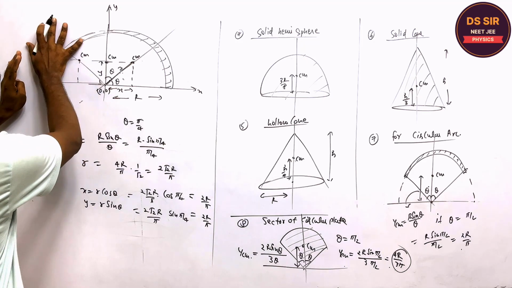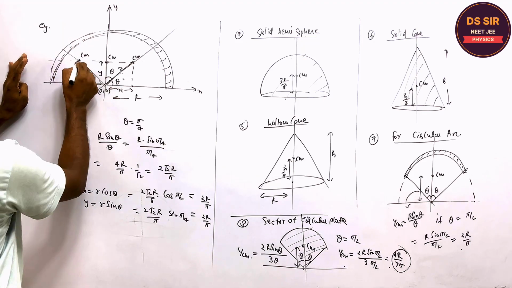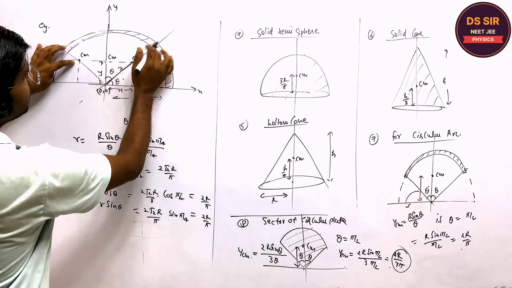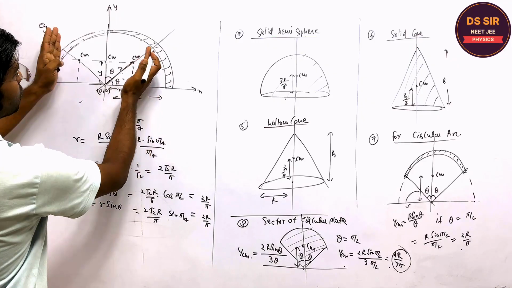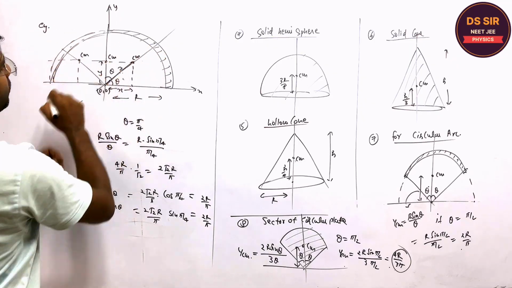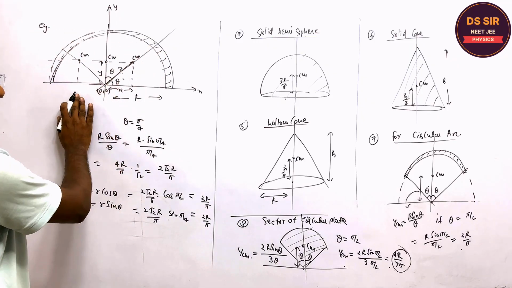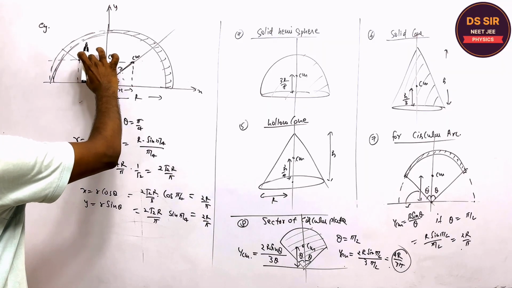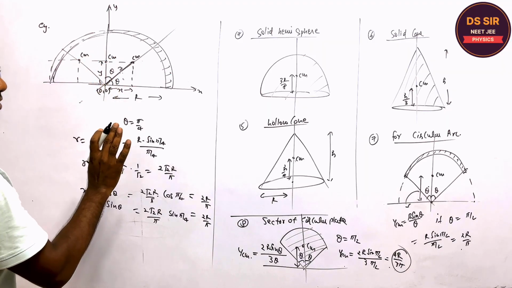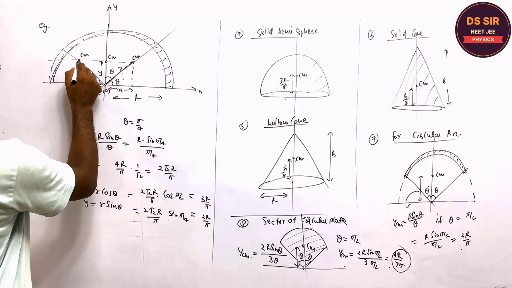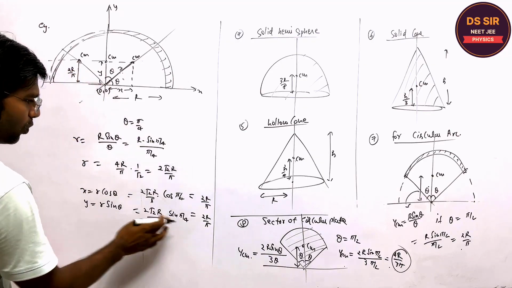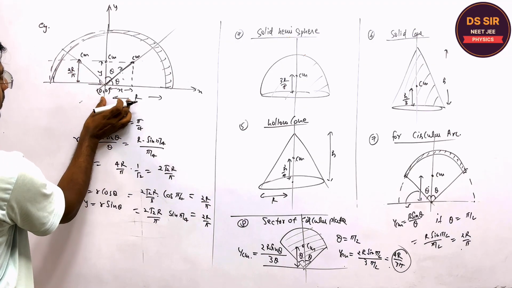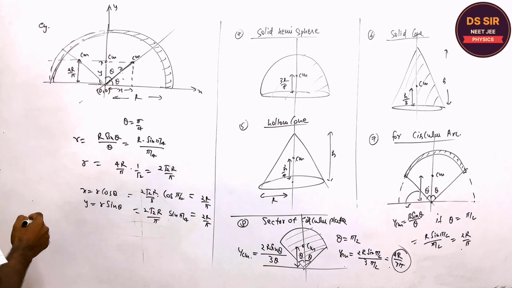Then for this ring the center of mass is this, and for this ring the center of mass will be there. So when you combine this, the center of mass will be shifted. Is it clear or not? What distance? Say 2r upon pi. Are you getting or not? So this distance must be equal to 2r upon pi. Also by symmetry, this distance must be 2r upon pi.